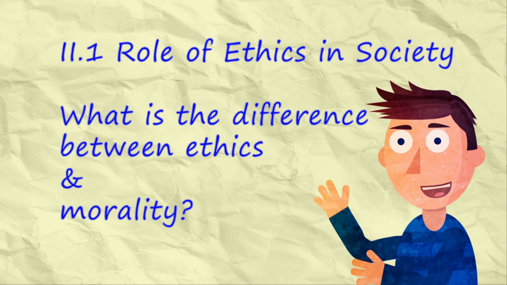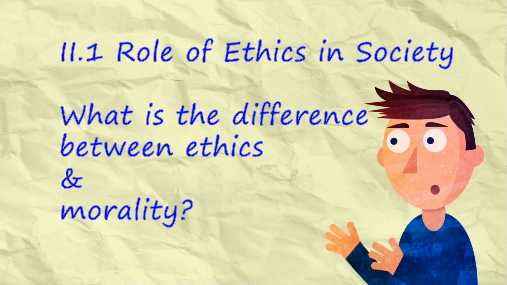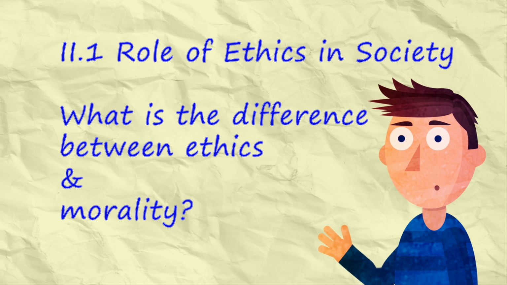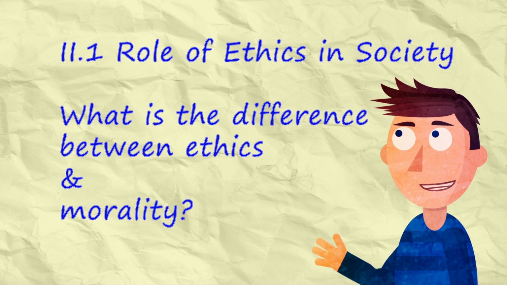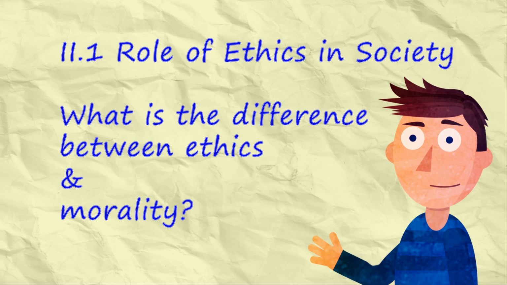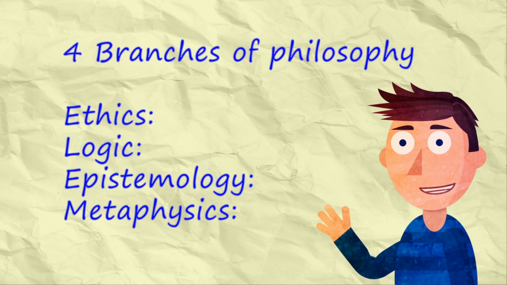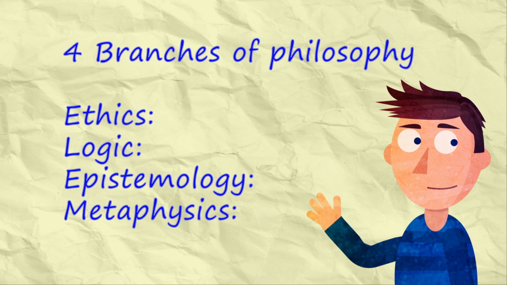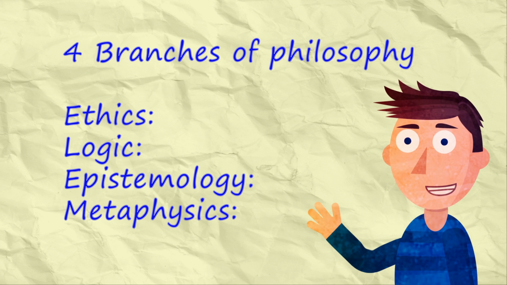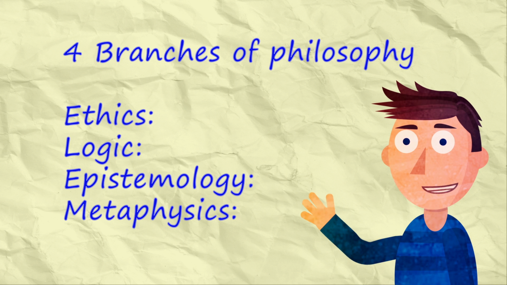Number 1, morality is what is right and wrong, and ethics is one of 4 branches of philosophy that studies morality. Under this definition, ethics is one of the 4 branches of philosophy. Each branch investigates different fundamental questions.